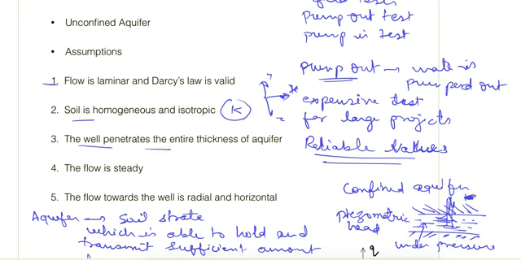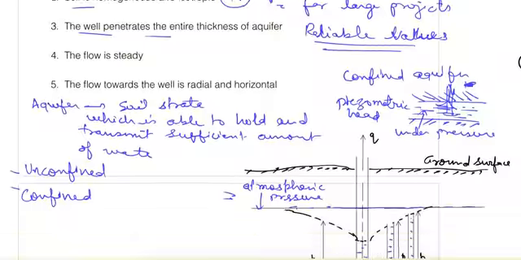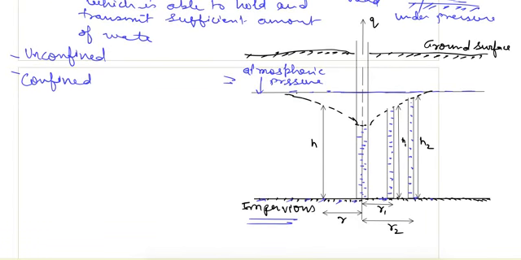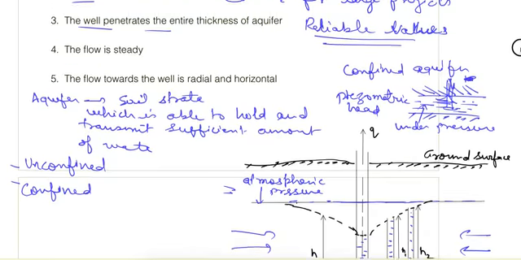And the well penetrates the entire thickness of aquifer. It means that the well is up to the impervious layer of the aquifer. So there will be only the flow in the horizontal direction, and from below the well there is no flow coming to the well. So only flow is coming in the horizontal direction, and flow is steady, which means that the value of discharge is not changing with time.